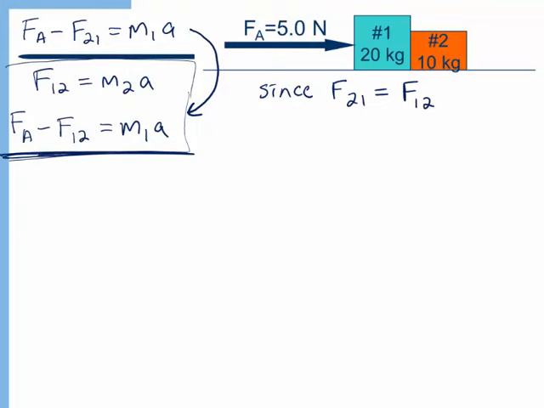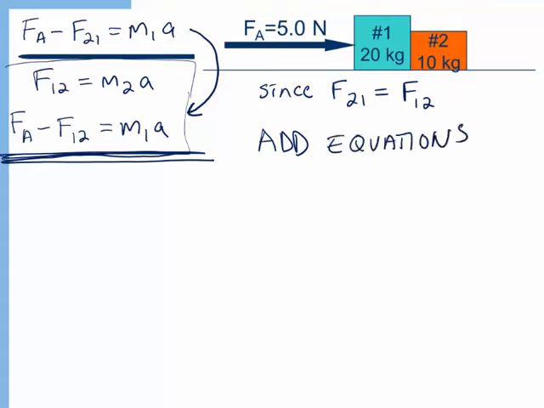Now, you've learned how to solve two equations with two unknowns before, but you probably haven't done it this way, or you might not have thought to do it this way. It actually works really well in Newton's third and second law problems to add the equations when you're trying to solve for one of the variables. The reason is that F12 is going to cancel out.